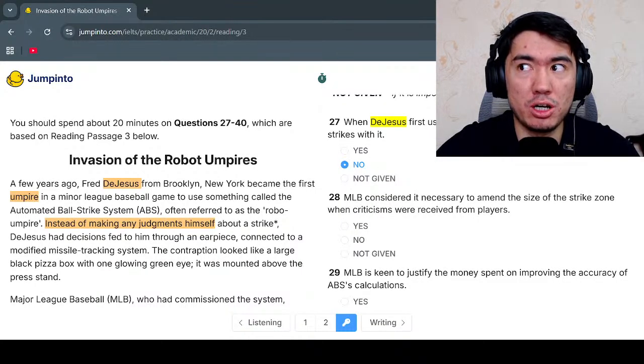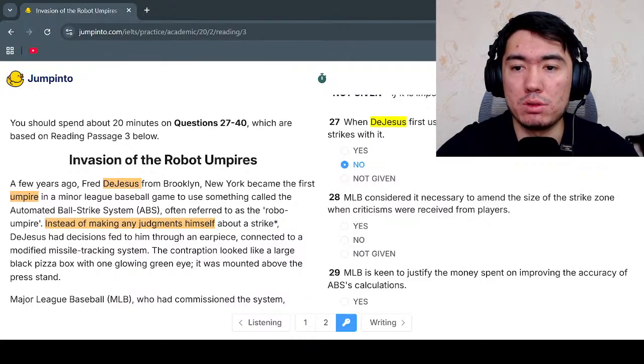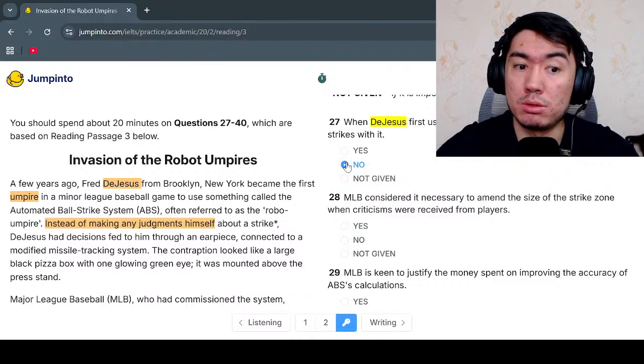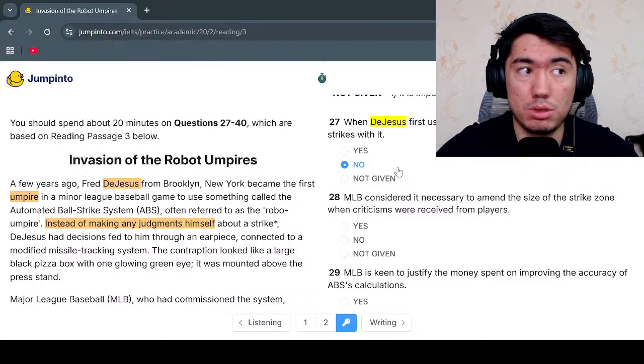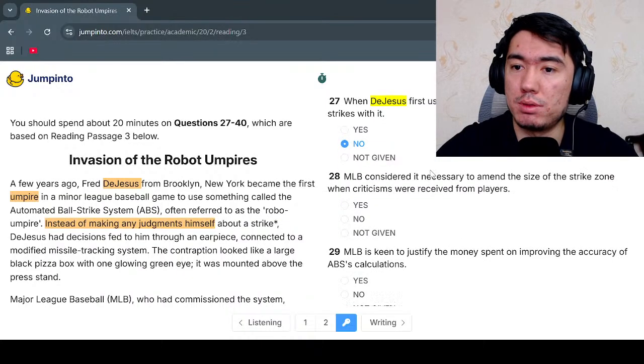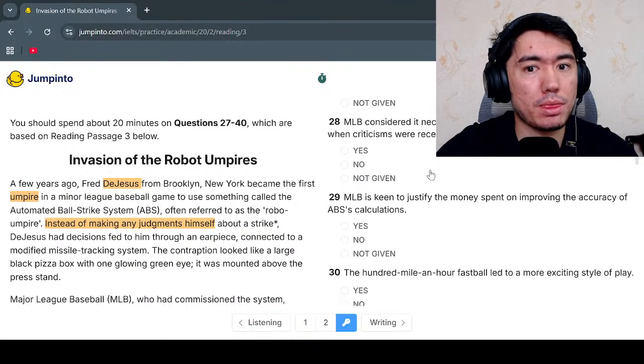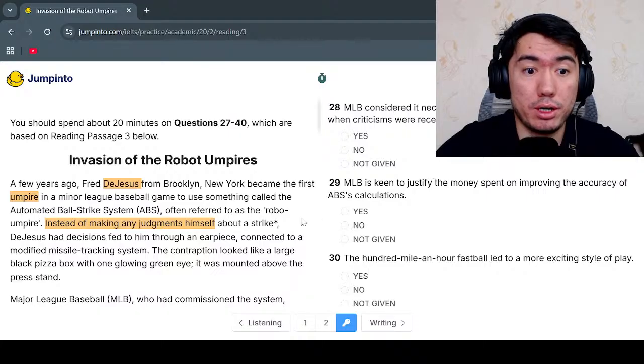So he didn't share the decisions. He totally gave them up to the software, the new technology. So I'll go with no. But I am not sure about this. Okay, it's a tough start.